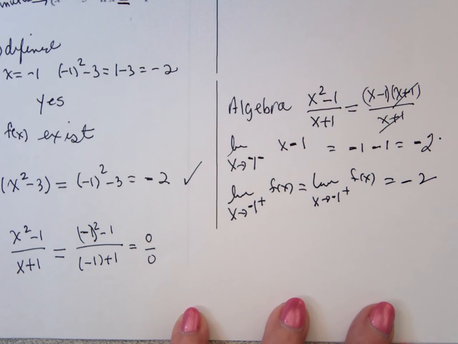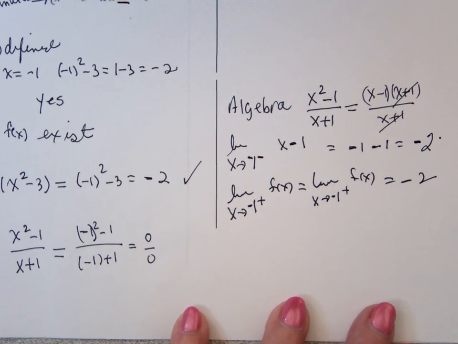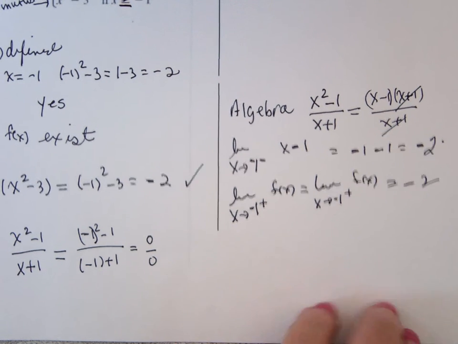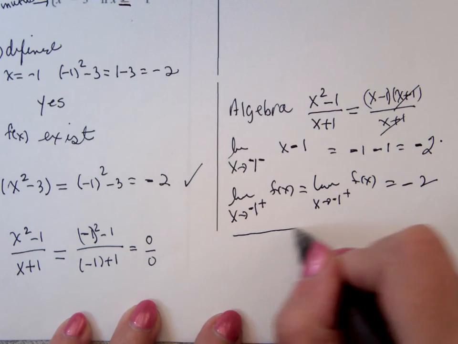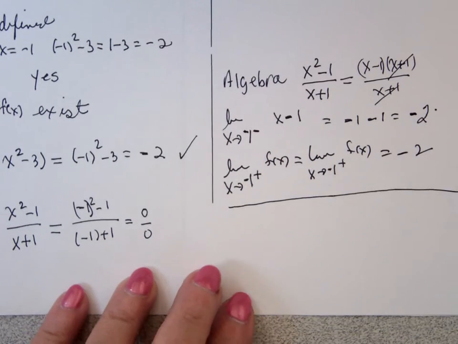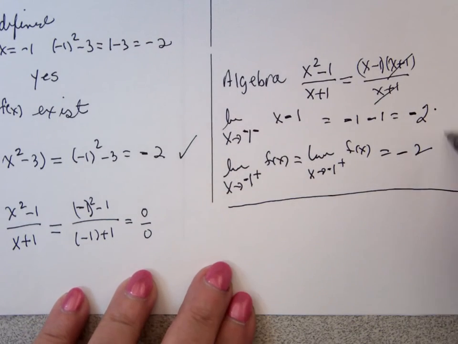So does the limit exist? Yeah. What's the definition of the limit existing? Limit from the left equals the limit from the right. So that means I don't have a jump discontinuity. Weird wacko. Okay, so yes, it's true.